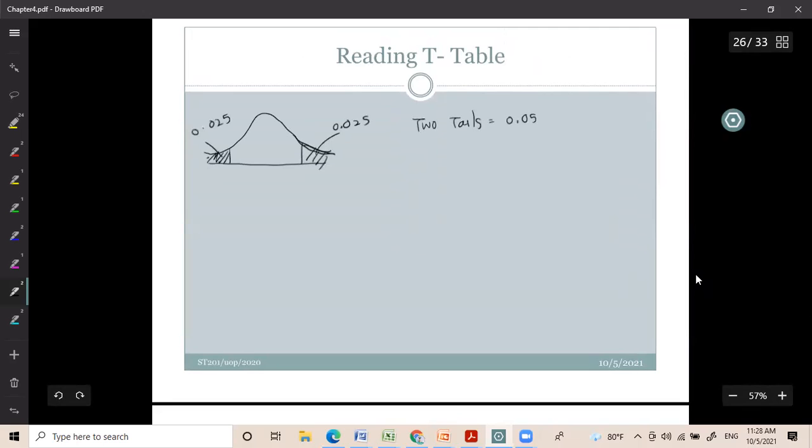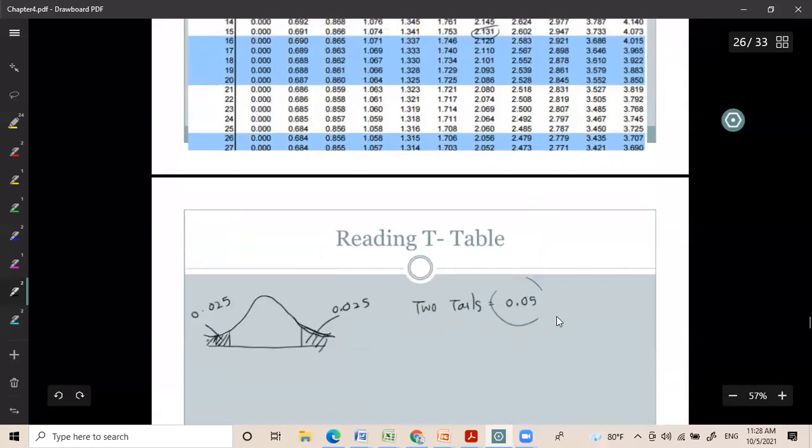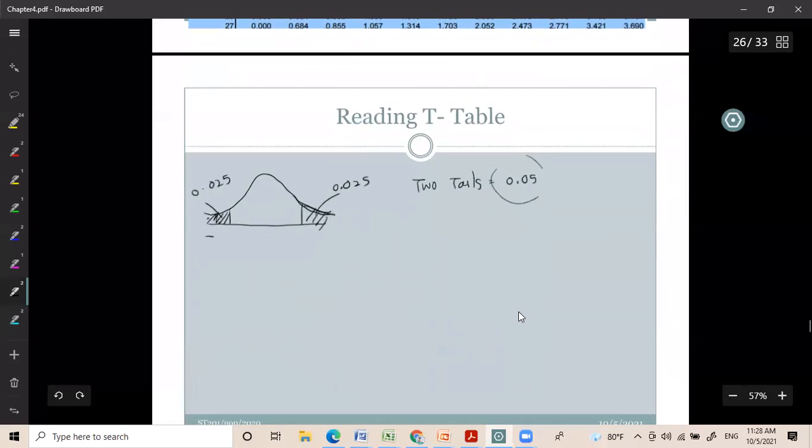If you add 0.025 and 0.025, the addition is 0.05. Two tails is 0.05, one tail is 0.025. So that is why you see two tails is 0.05. That is twice of this, right? So it doesn't matter whether you read two tails 0.05 or one tail 0.025. It is 2.131. This is negative 2.131. This is positive 2.131. This is for degrees of freedom 15.